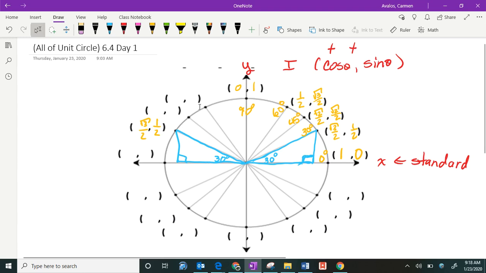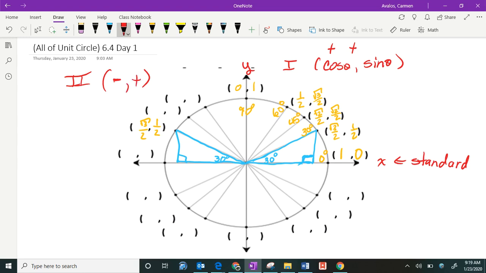But because they fall in the second quadrant, that's where we have to look at it. We're now in the second quadrant, no longer in the first quadrant, so something has to change. What does change is the actual sign. In this case, the cosine is negative, but the sine is positive.